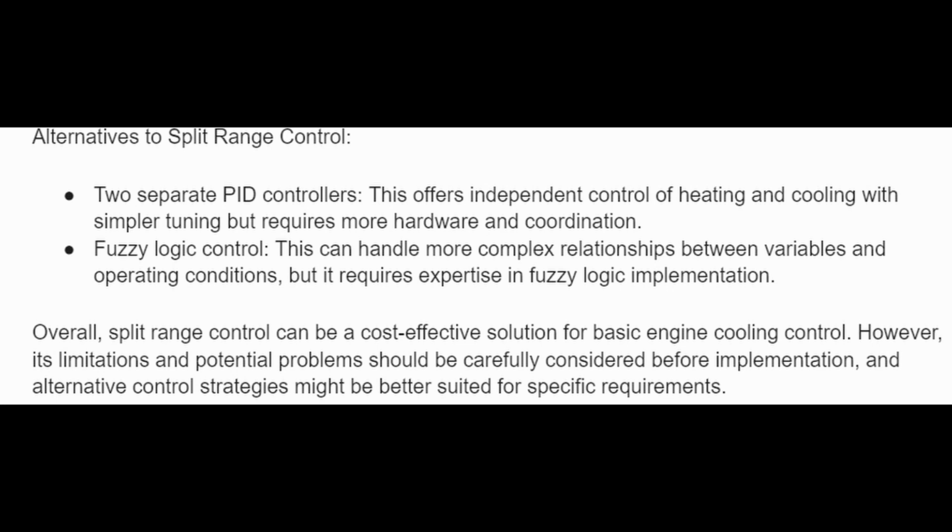Overall, split range control can be a cost-effective solution for basic engine cooling control. However, its limitations and potential problems should be carefully considered before implementation, and alternative control strategies might be better suited for specific environments.